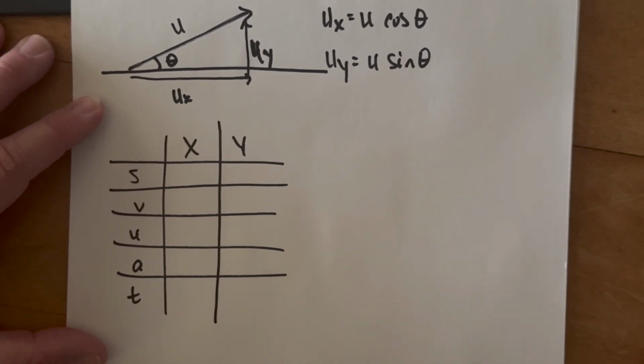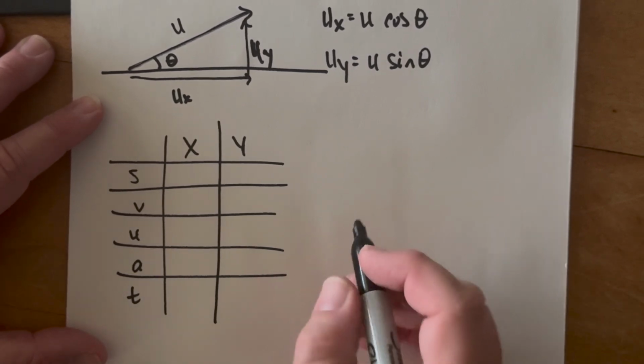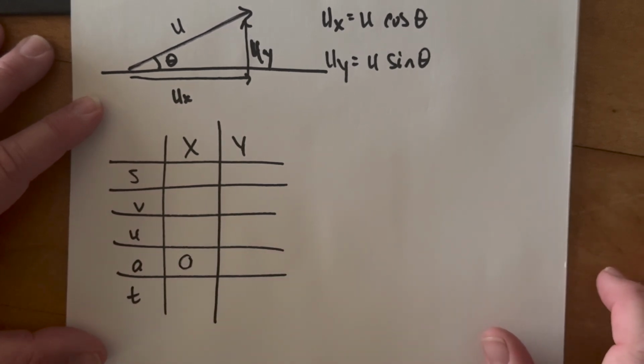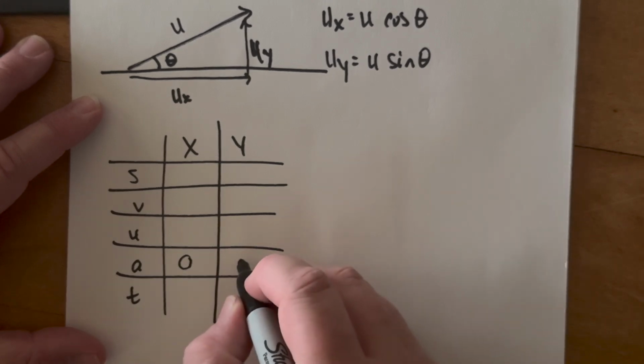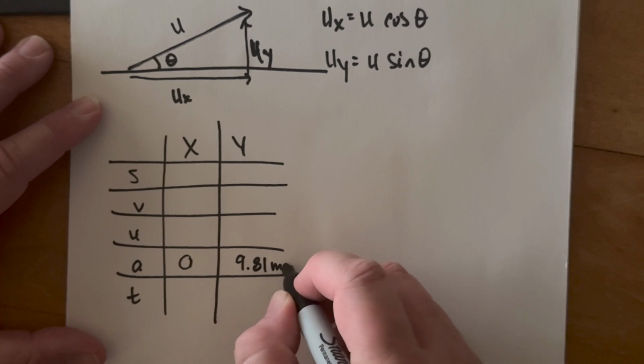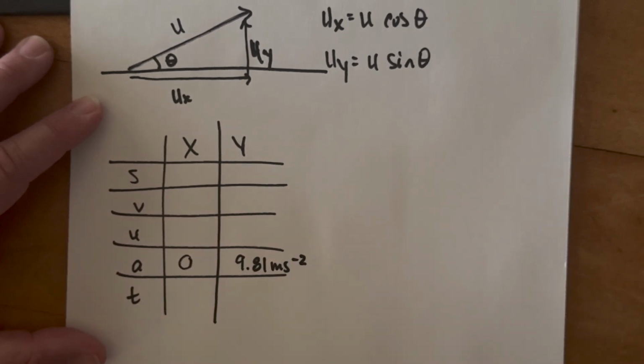When we set up the XY chart, there's a few things that are known here. First of all, we don't have any acceleration in the x direction. There's nothing that is pushing it forward or pushing it back that would change that velocity as it travels through the air. For the speeds that we'll generally be going, air resistance isn't going to be enough to be a measurable difference. In the y direction, before, when we were just focusing on a drop, we said that our acceleration due to gravity is 9.81 meters per second squared.